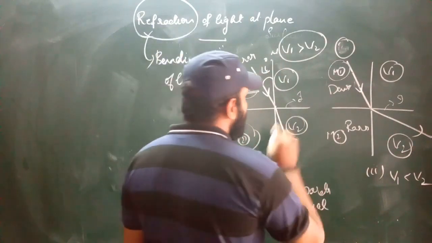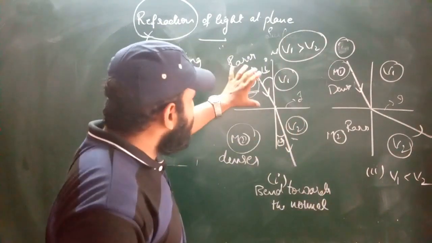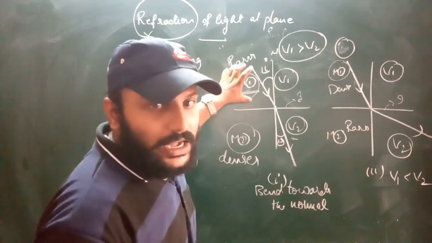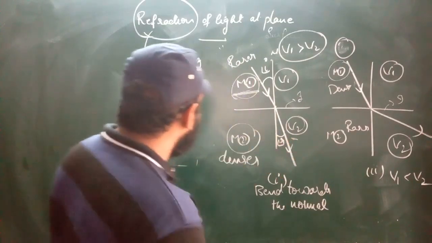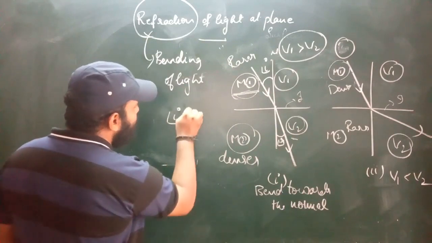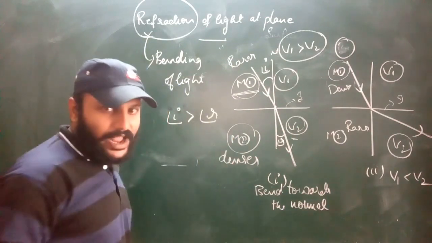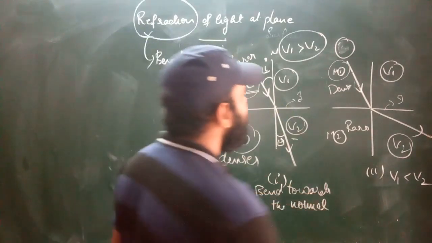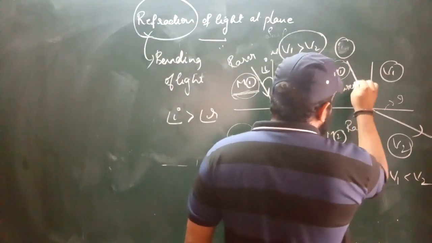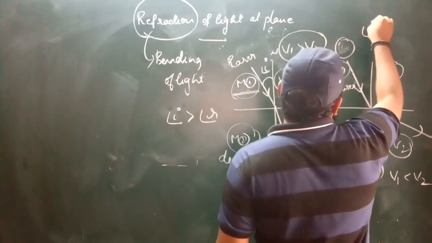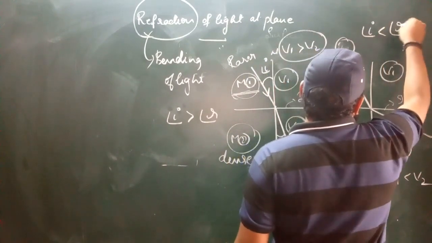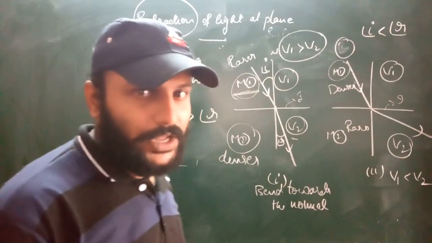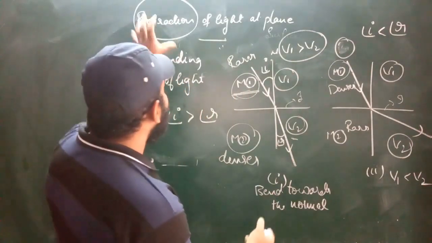When the light ray is moving from rarer to denser, the angle of incidence will be greater than the angle of refraction. And when the light ray is moving from denser to rarer, the angle of incidence will be less than the angle of refraction. Okay, understood?